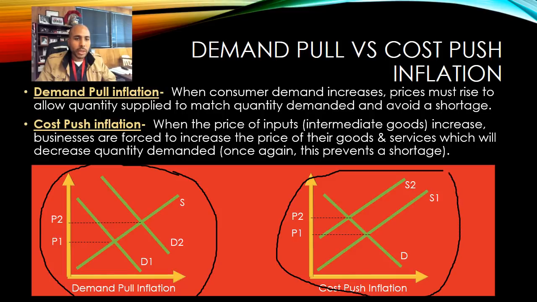This is cost push inflation. Supply curve shifts from S1 to S2, and when that happens, once again, it's going to cause an increase in price. And the point of this, again, is to prevent a shortage. If they didn't allow the price to rise, we would have a shortage of whatever this good or service is. So, demand pull inflation is caused by a rightward shift of the demand curve, and cost push inflation is caused by a leftward shift of the supply curve.